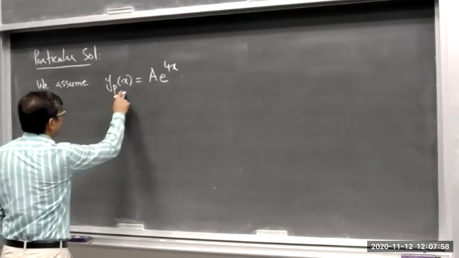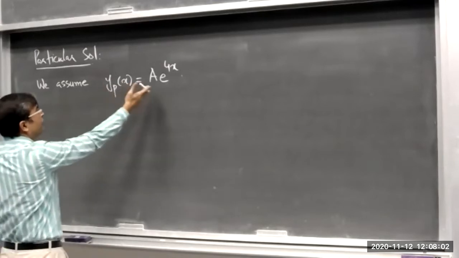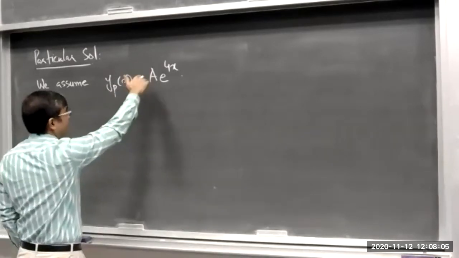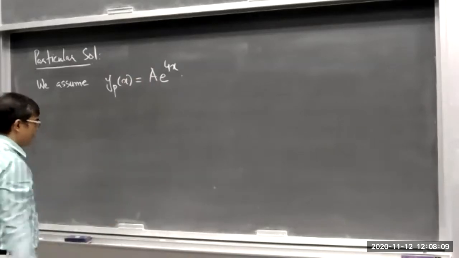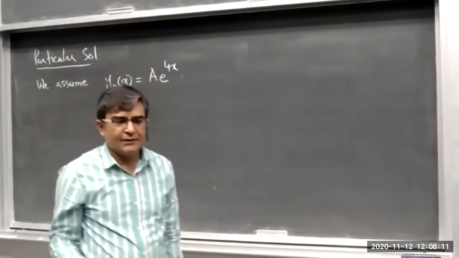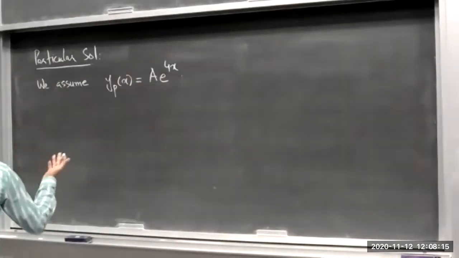Now we have to find the value of the unknown constant a, which is the undetermined coefficient of the particular solution. This is how the method tells us to implement it.